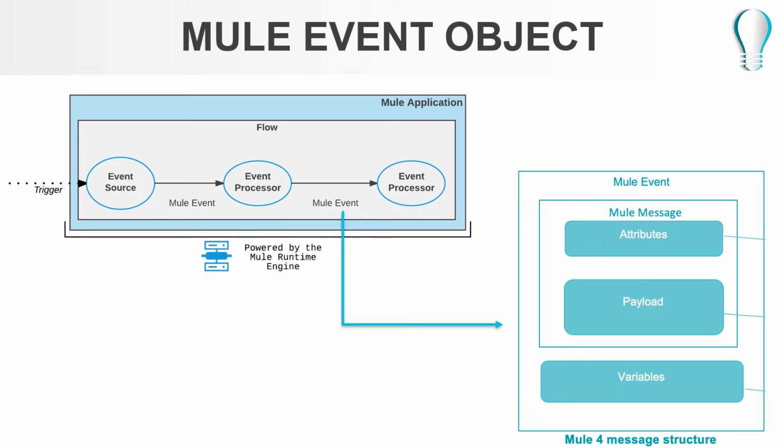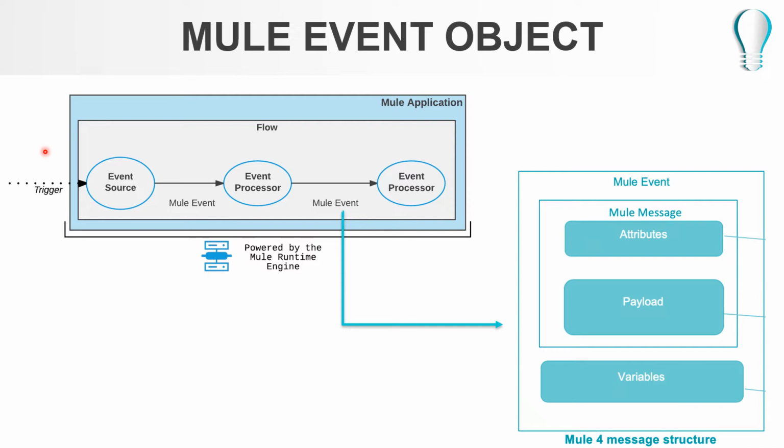What exactly happens inside your Mule application? There is a series of activities which occur when your event source receives a trigger. What is a trigger? A trigger is a starting point for your event flow to get triggered. It can be your HTTP request, it can be your VM connector which is listening to a queue, or it can be just a scheduler.